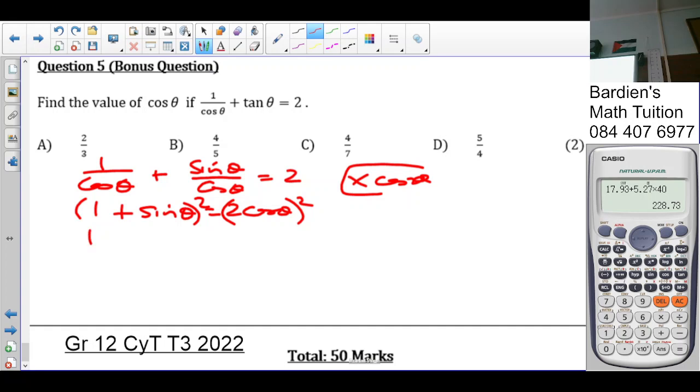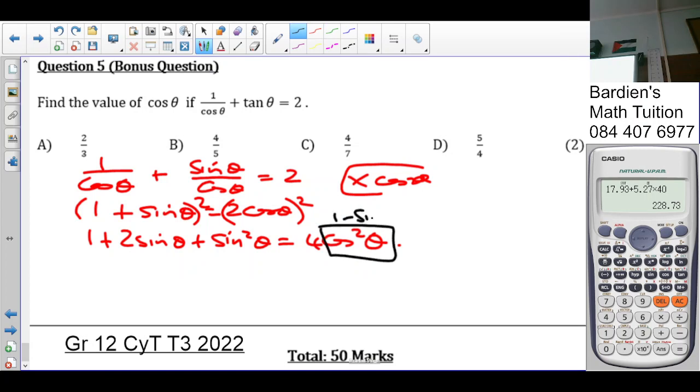Then we will have 1 plus 2 sine theta plus sine squared theta equals 4 cos squared theta. Okay? But you see, we want sines only, so I'm going to change that to 1 minus sine squared theta. Okay, so that's 1 plus 2 sine theta plus sine squared theta equals 4 minus 4 sine squared theta.